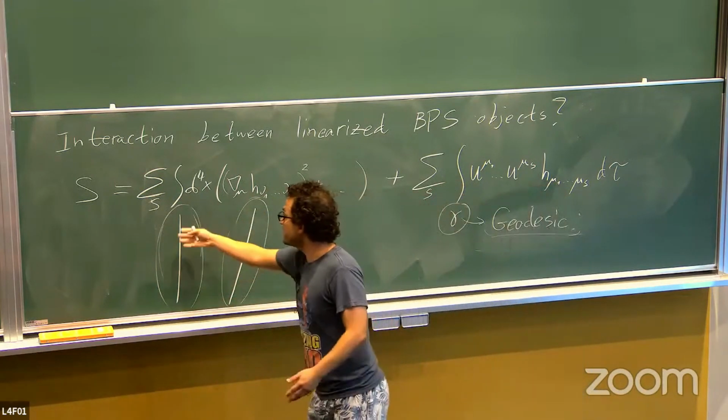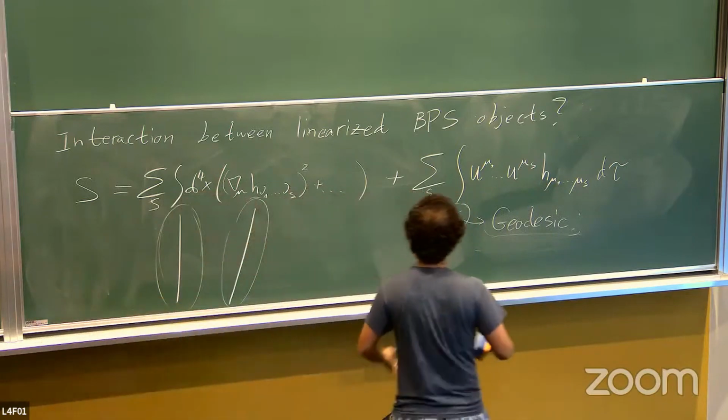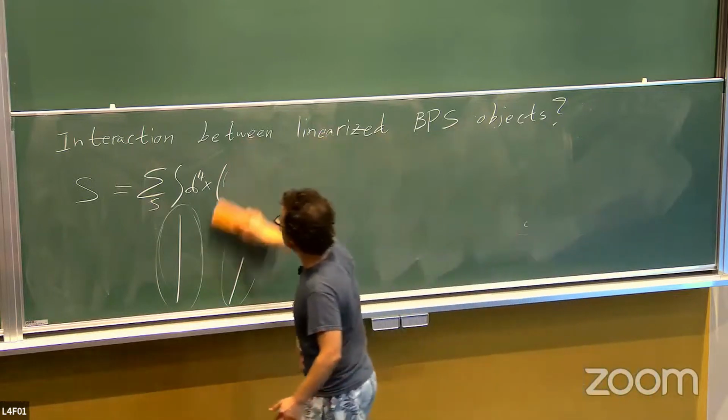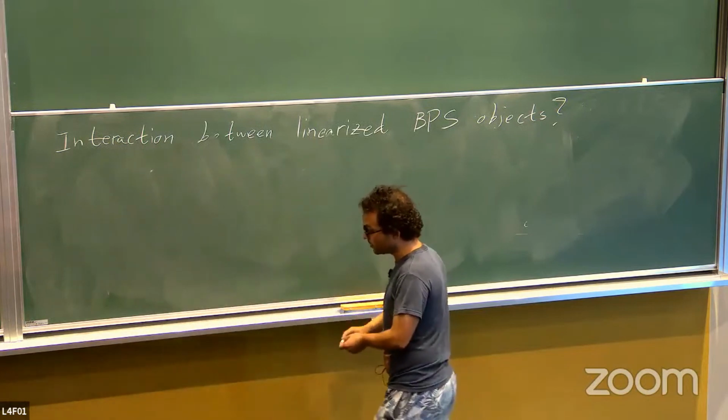And this is a question that can be asked already in Minkowski, or if we are in Euclidean signature, so simply in flat space, and then can be extended to AdS.